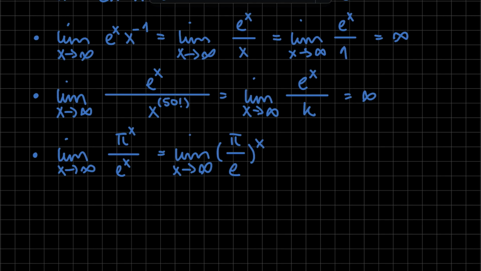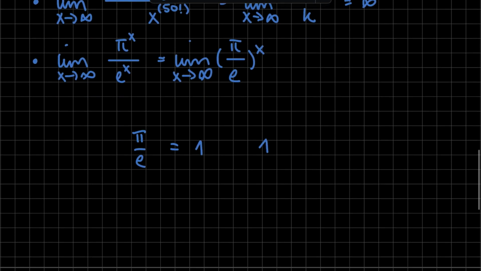Now, let's look at what's inside the brackets. We have pi over e. If this thing is equal to 1, and we raised 1 to a very big power, then we would just have 1 as our answer, right?